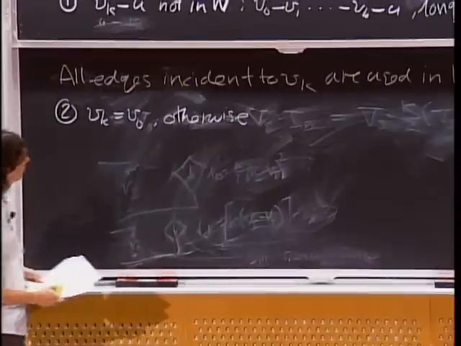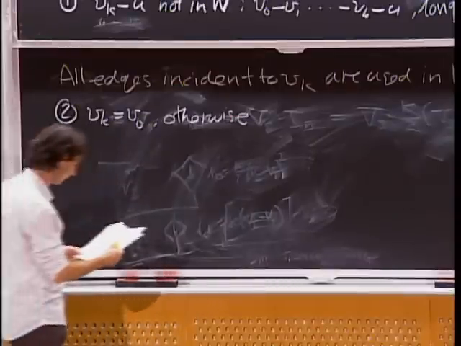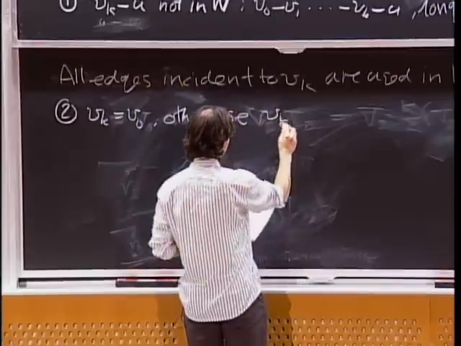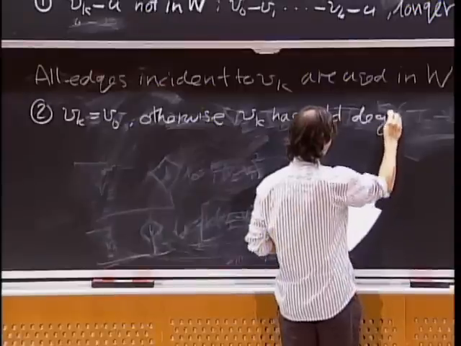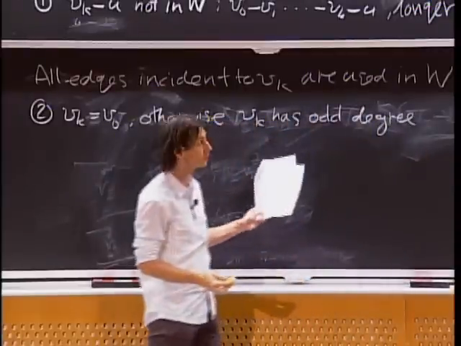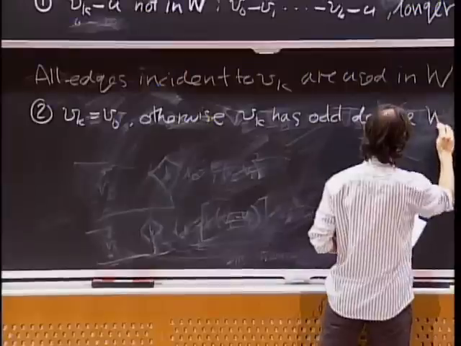Okay, so let's think about that a little bit. So let's write this down. So otherwise, Vk has odd degree, but we only know it has odd degree in this particular walk W.